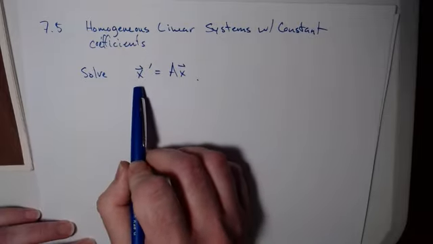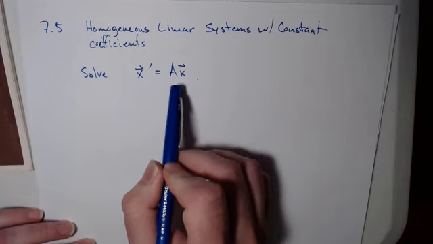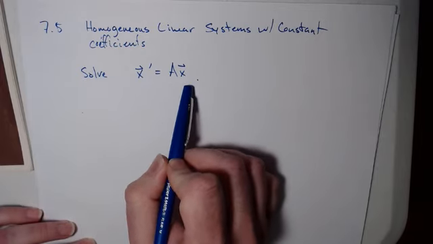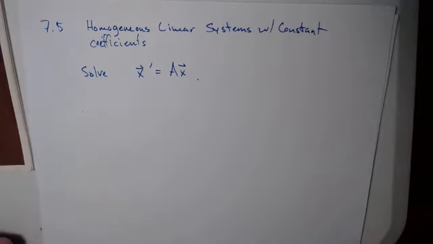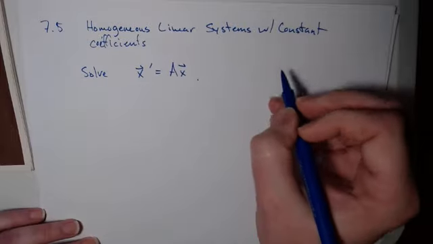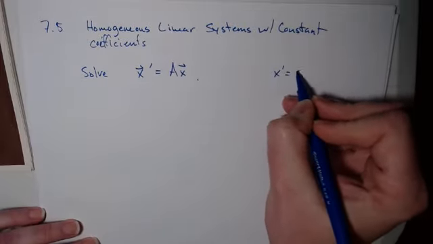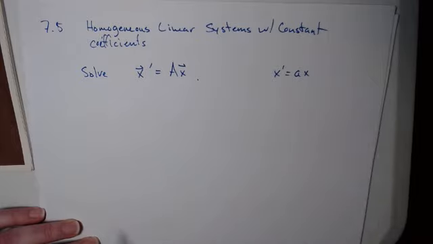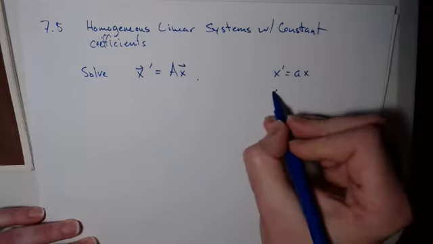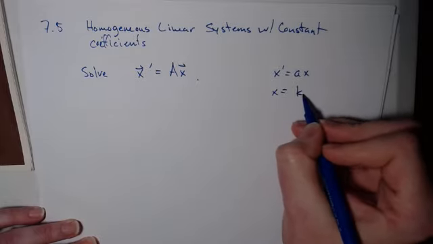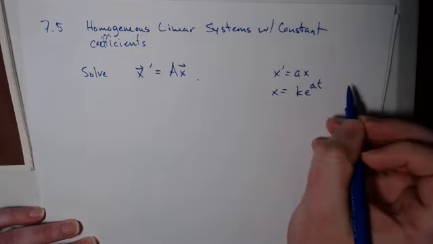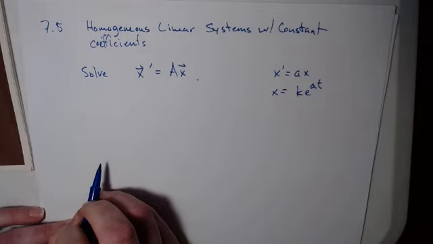So we've got our vector matrix system, x prime equals A times x. And since that looks a lot like our first order equation, which had solution x equals k e to the a t, we're going to try a solution that's similar to that.